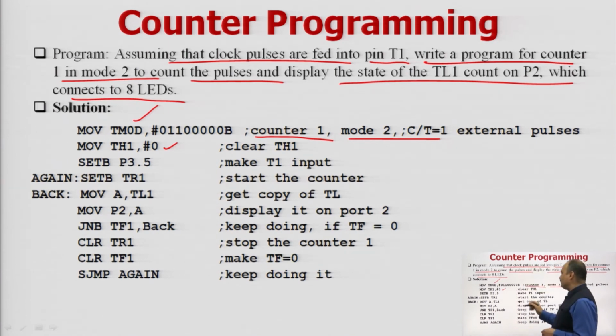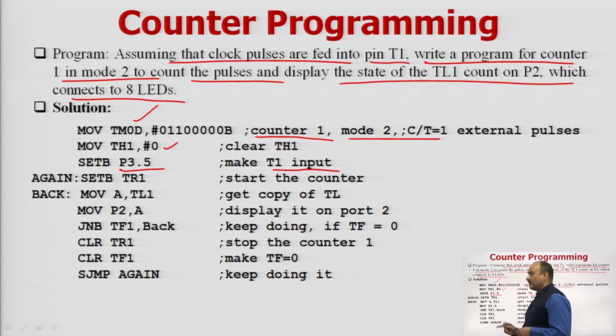Then set bit P3.5, so this P3.5 bit is set to 1, making T1 an input, because this P3.5 bit of port 3 corresponds to the timer 1 input, so we need to configure it as an input.